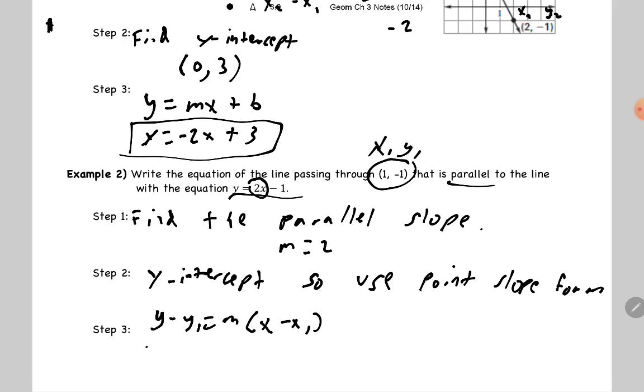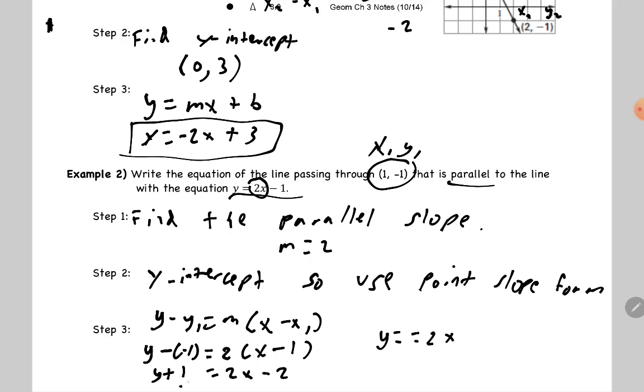So let's plug everything we know in. Y minus y1, which is negative 1, equals m, which is 2, times x minus x1, which is 1. So y plus 1 equals 2x minus 2. So now I get y equals 2x, subtracting 1 from both sides, minus 3.